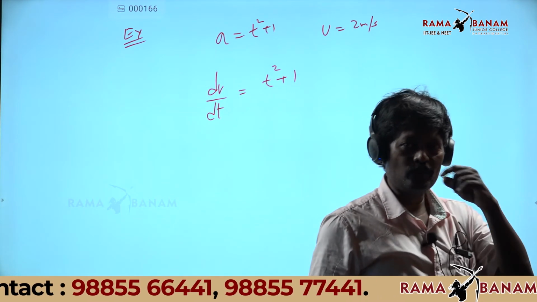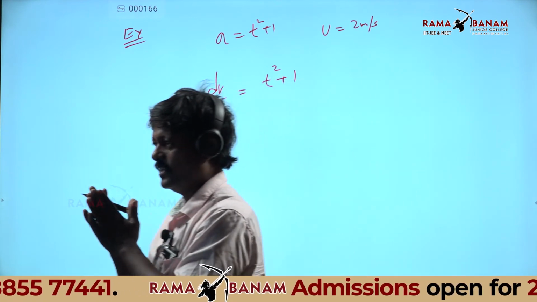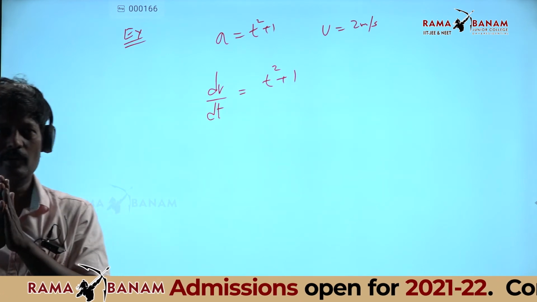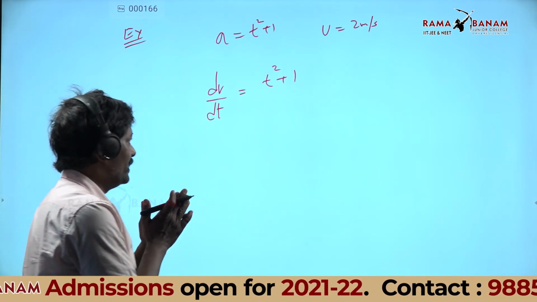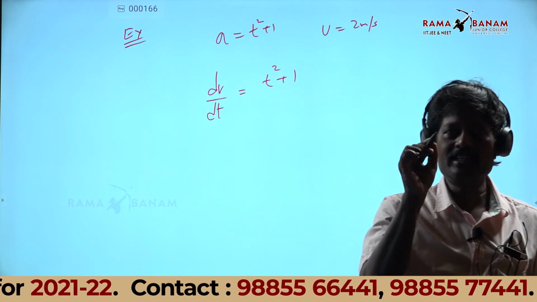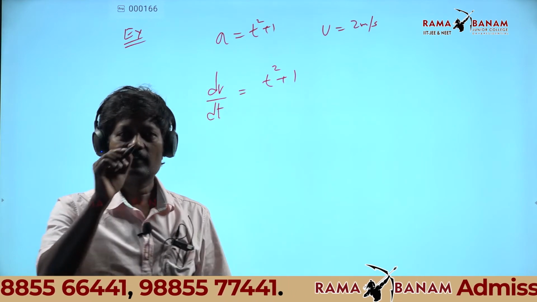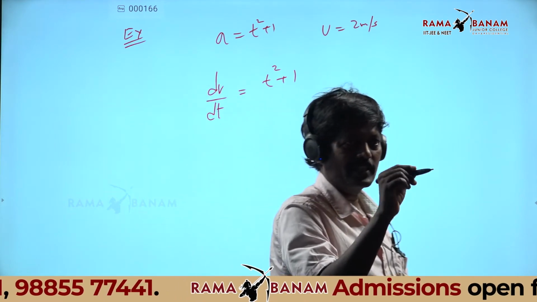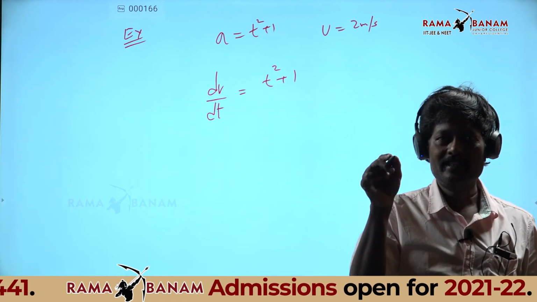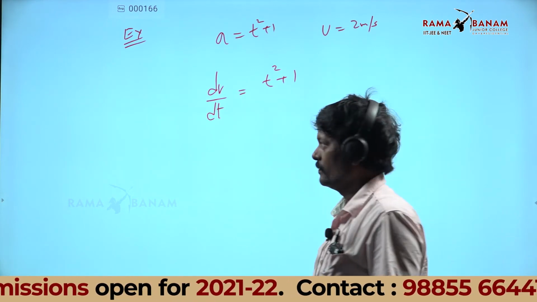Now you should know how to rearrange the differential quantities. When I say differential quantity, dv, dx, dt, these are called small differential quantities, small elements.